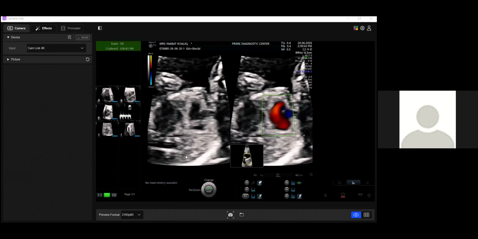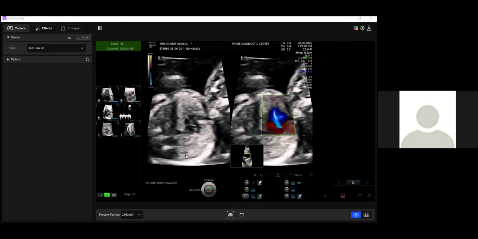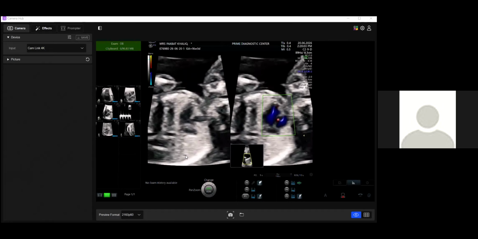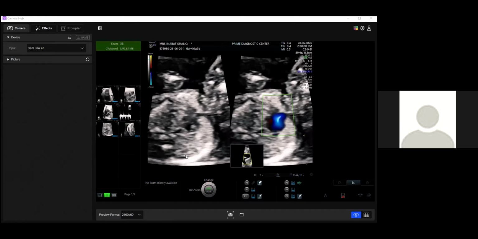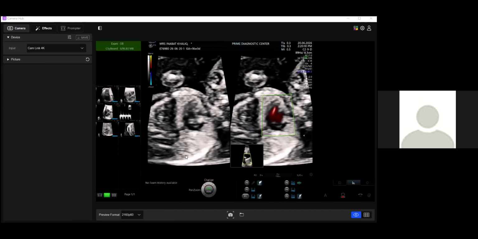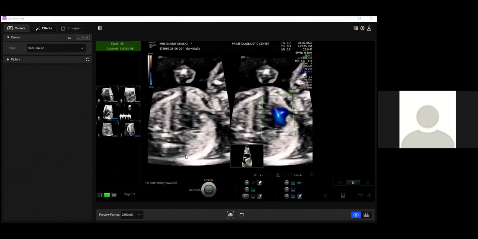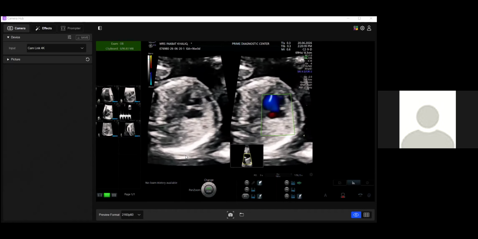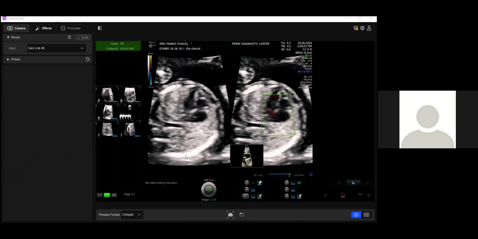Side by side. The 4-chamber view looks okay. The LVOT is fine. Let's do the Doppler of LVOT. And there is a mild tricuspid regurgitation here. You see this?